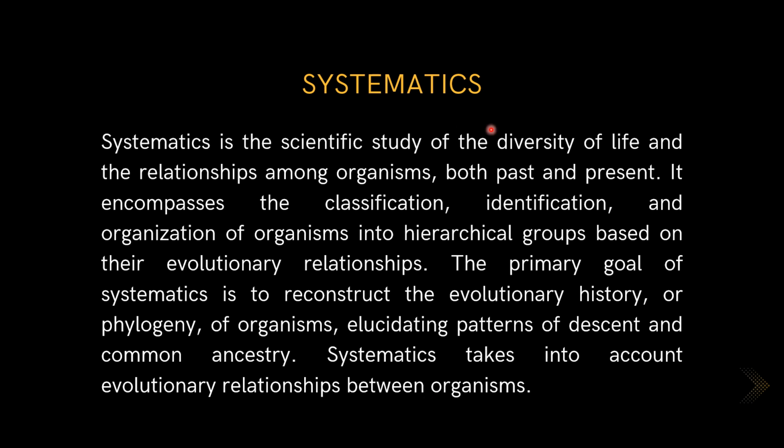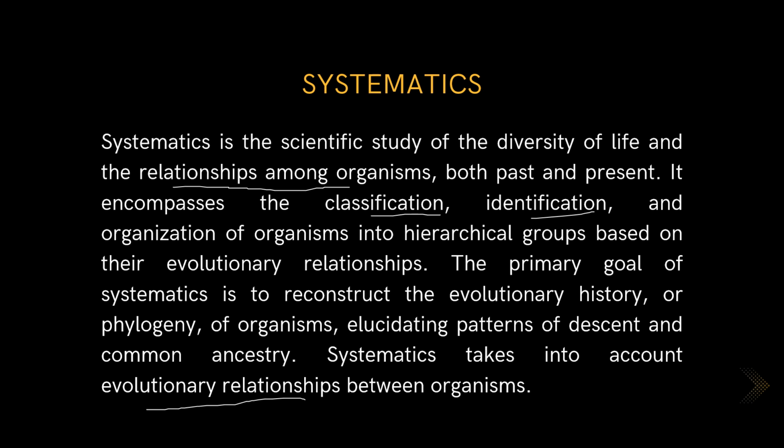So basically in systematics we study the organisms that we have classified, their diversity and the relationship among them. Also, it takes into account the evolutionary relationship between the organisms. So you have to just remember relationship among organisms, classification, identification, and evolutionary relationship.